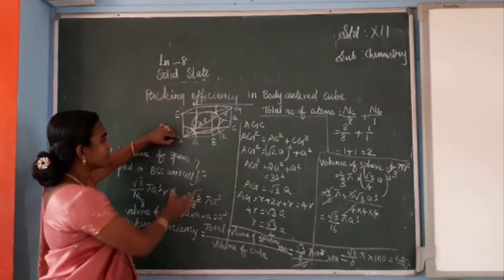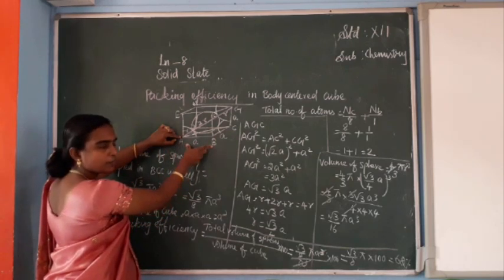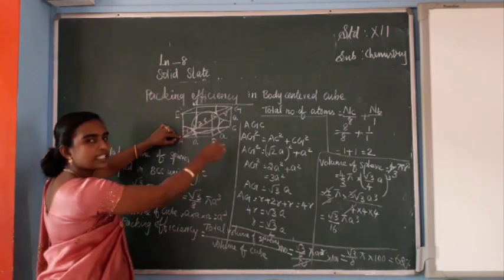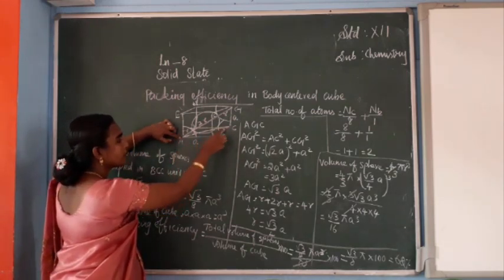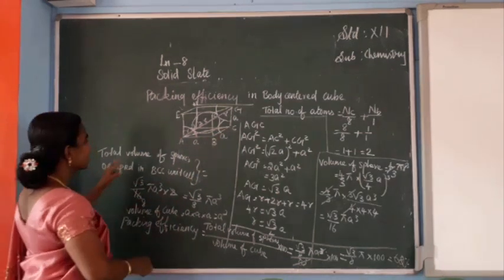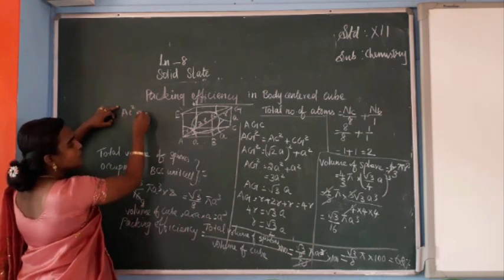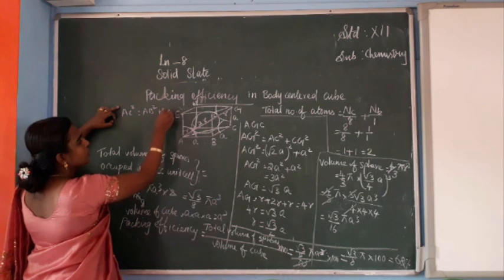So first you have to consider this triangle. What is it? ABC. So here AB length is small a, the edge length. BC length also will be taken as edge length a. So this AC, according to Pythagoras theorem, AC square is equal to AB square plus BC square, isn't it?